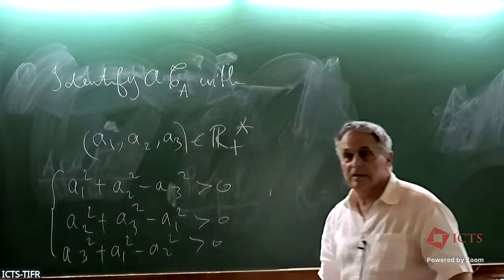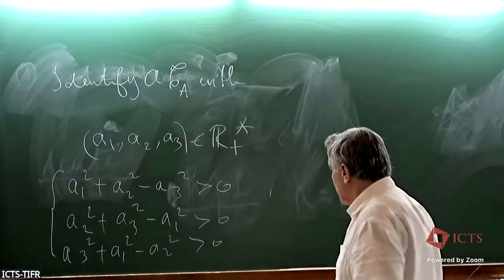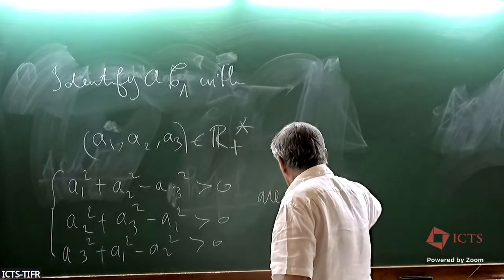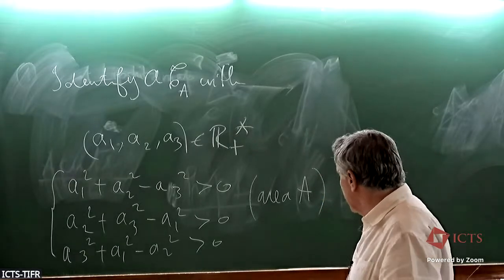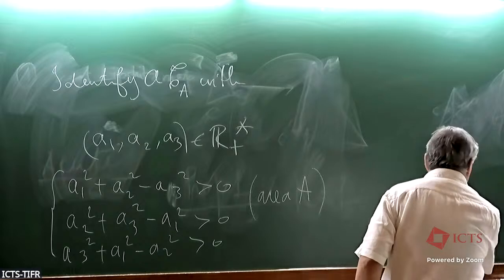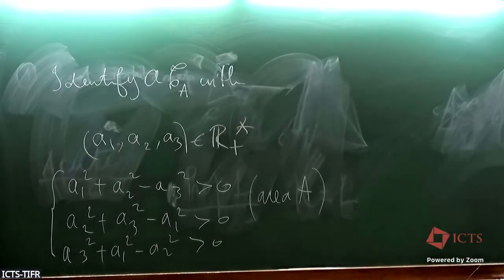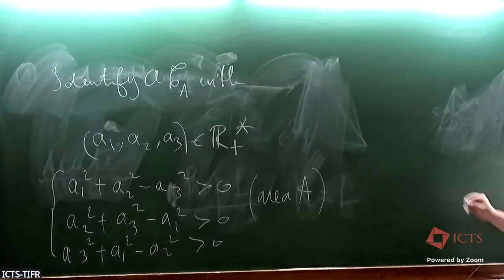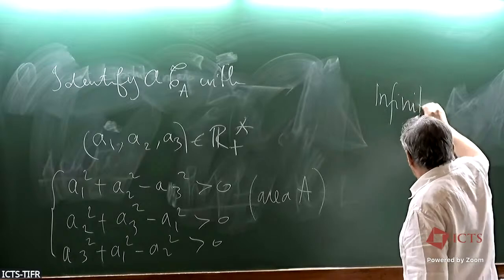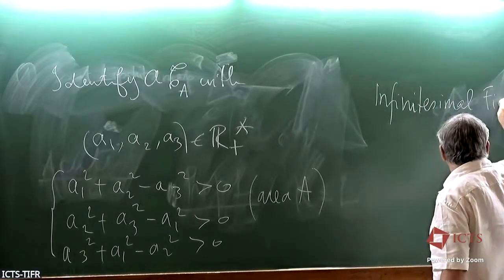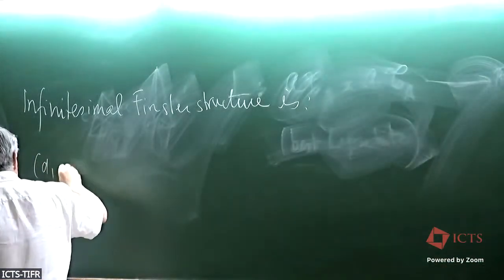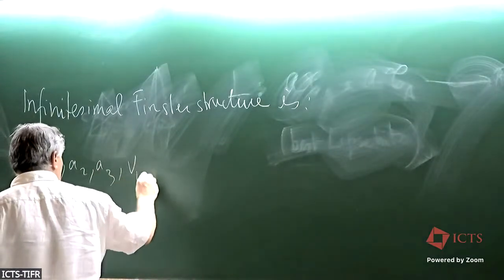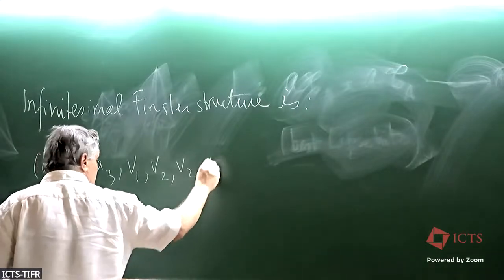So these are the parameters of my space, plus the condition that the area is A. And then in these parameters, the infinitesimal Finsler structure is, okay, F(A1, A2, A3; V1, V2, V3).